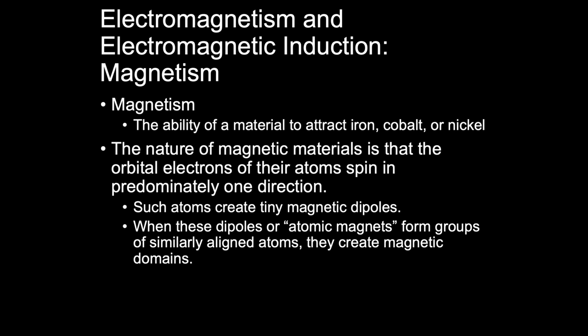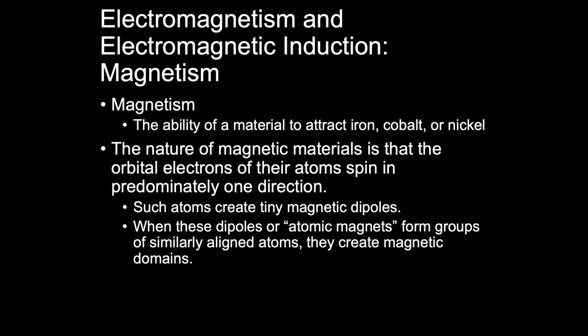The nature of magnetic materials is where the orbital electrons of their atoms spin in one direction. Such atoms create tiny magnets. These magnets are called magnetic dipoles. And when these dipoles or atomic magnets form groups of similar aligned atoms, they create a magnetic domain.